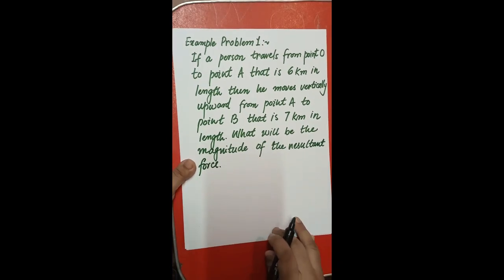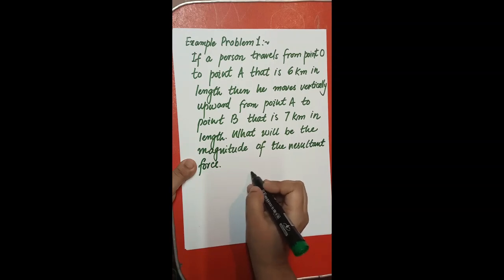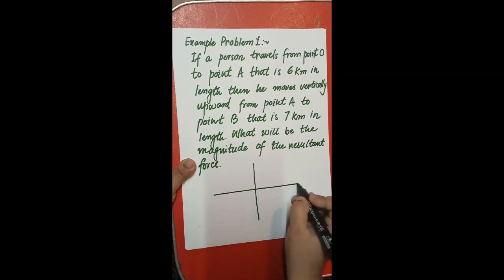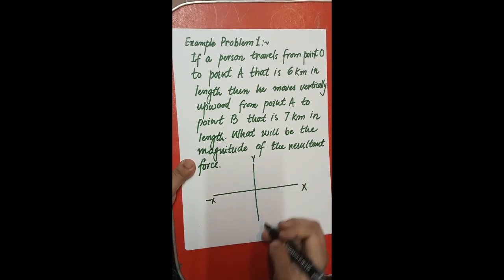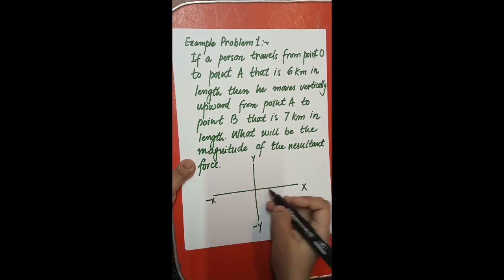So the diagram will be like this. For example, I am drawing the axis. This is the x-axis, negative x. This one is the positive y and this one is the negative y.